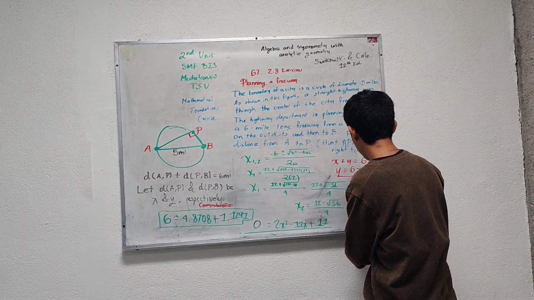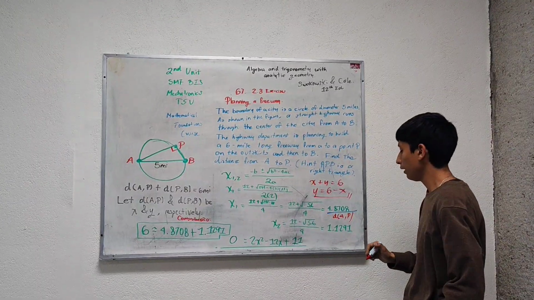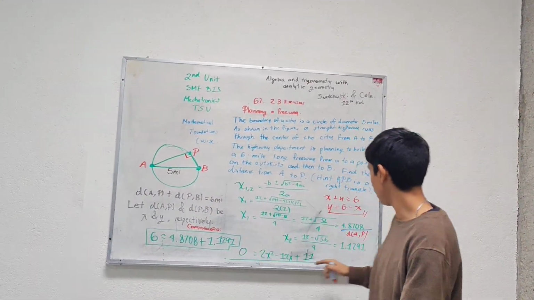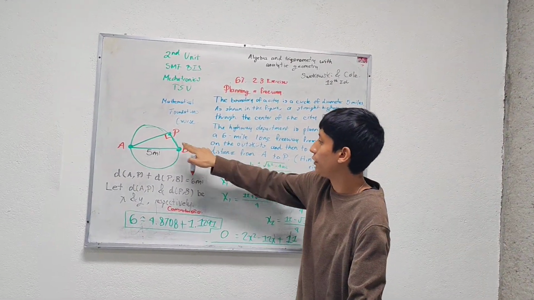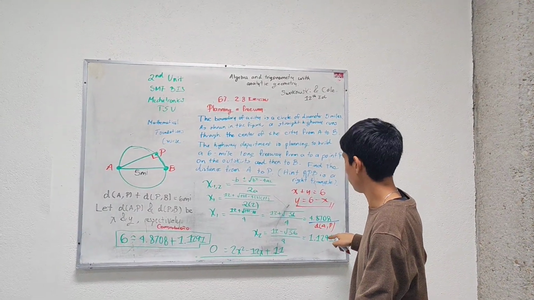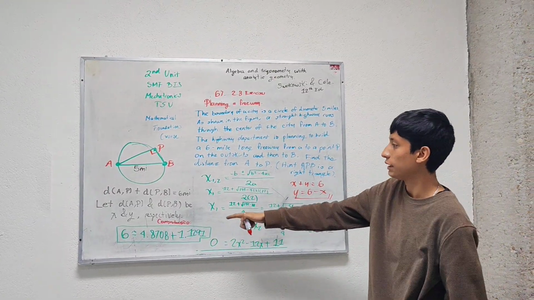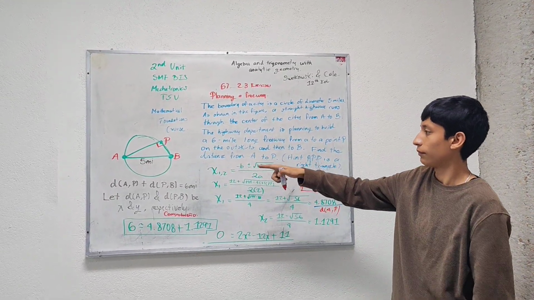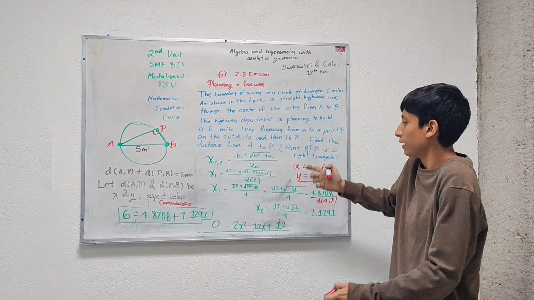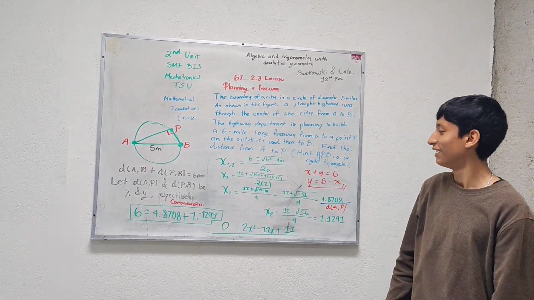I'm going to write that right here. The distance from A to B plus the other distance from P to B, 1.1291, sorry. So that's the whole distance, and that's the statement.